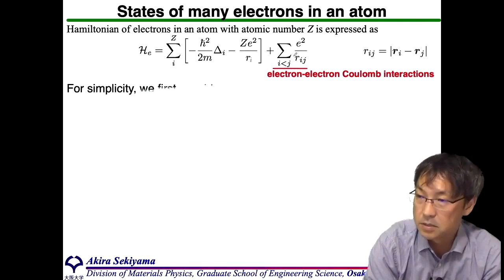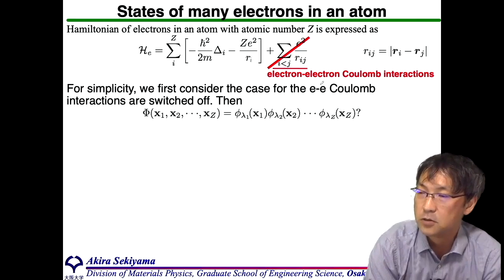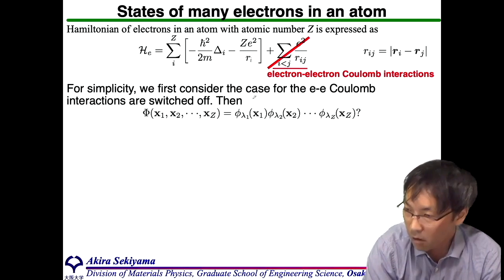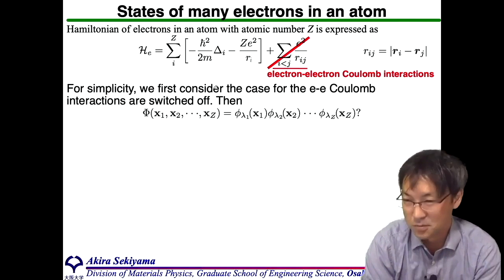At first, we consider the case of the electron-electron Coulomb interaction switched off, and there are Z electrons in atoms.